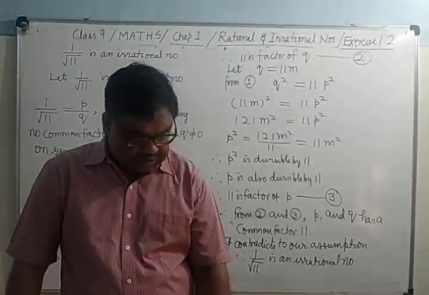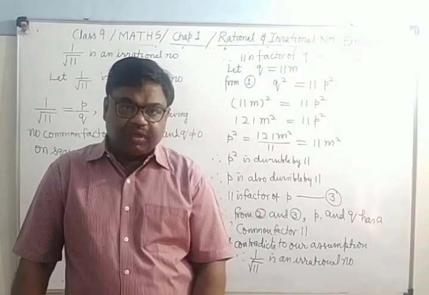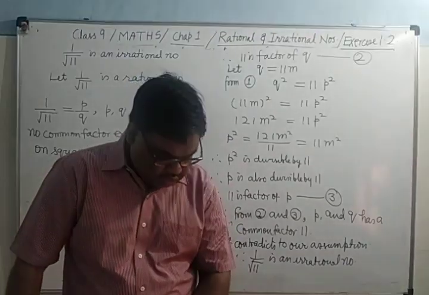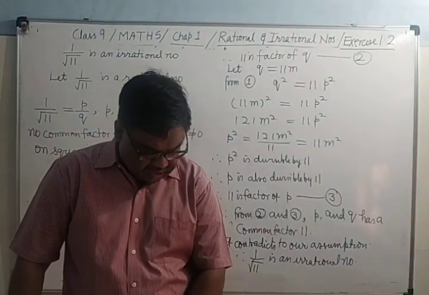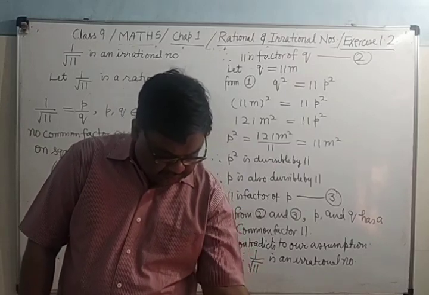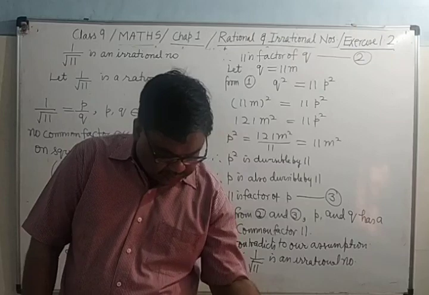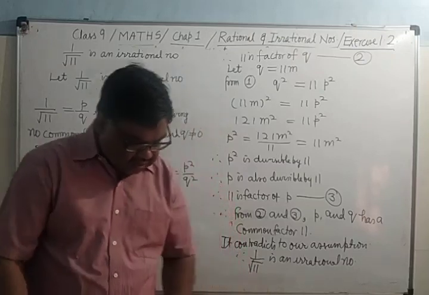Similarly, in question number 6, you have to prove root 3 is an irrational number, and then prove 2 upon 5 into root 3 is an irrational number. So here we will do the second part of question number 5 and the second part of question number 6. It's clear?